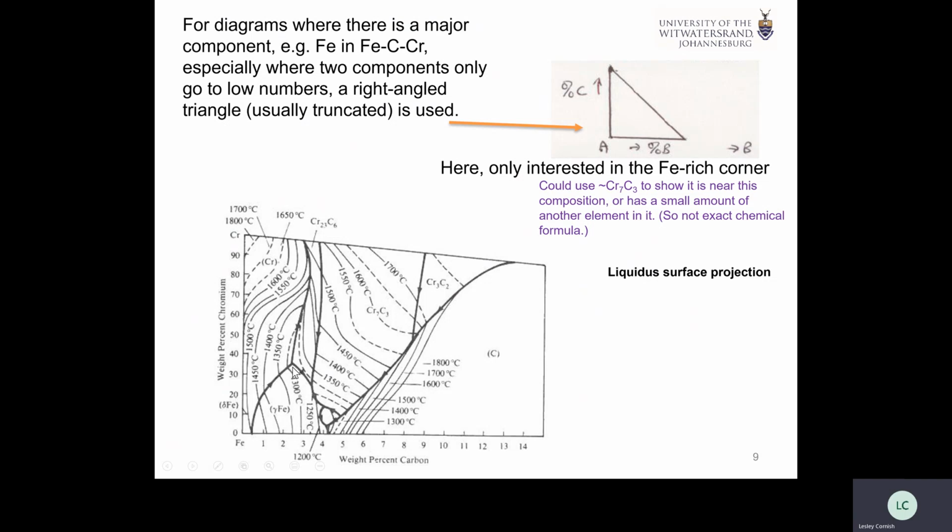And if you remember earlier, I said that if you get four phases, that's an invariant reaction. And every place where three surfaces join, that's an invariant reaction. And we'll look at the arrows and what it means, the different arrows, in a minute. And we call this a univariant reaction because as you change the temperature, the composition is fixed. Or if you wanted to change the composition along there, the temperature would be fixed.